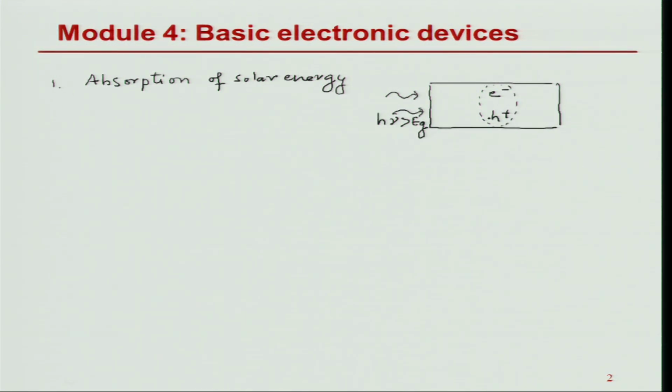Generally this electron hole pair, when it is generated, is bound to each other, but it is possible to free them, and that is the second step. From absorption of solar energy we create what is called an exciton, where the electron and hole are still bound to each other, and the second is that from the exciton we create free electron and holes.